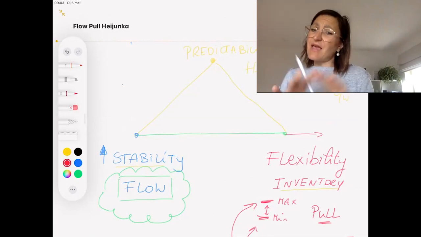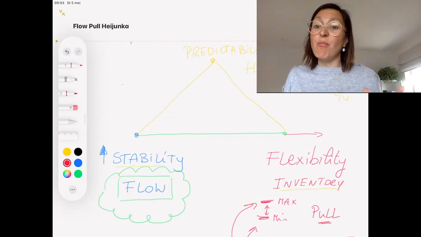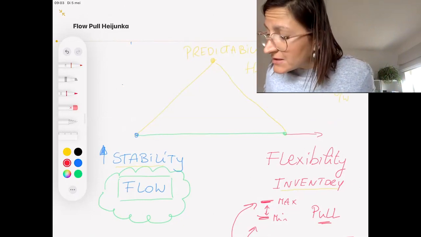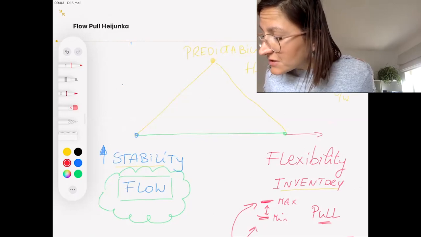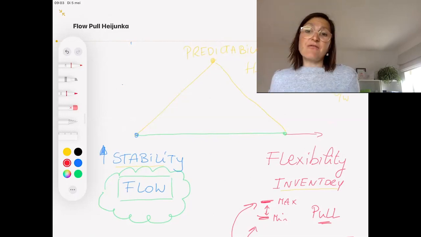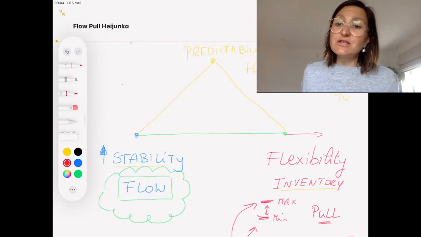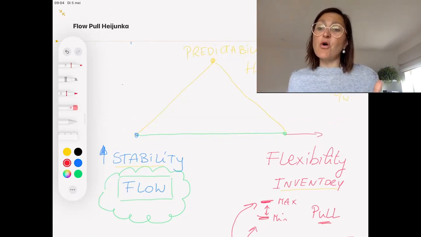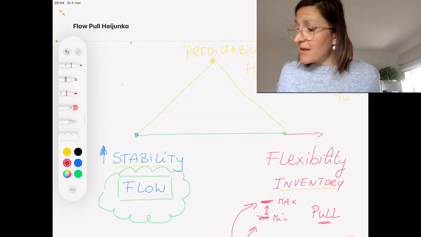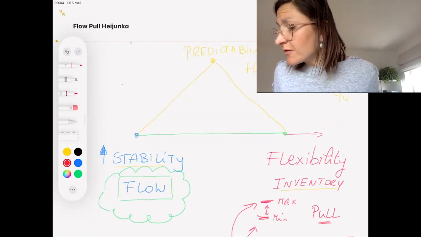I take on average, I look at how many machines more or less during a period, and then I fix an average in which I'm going to run. And therefore, that might mean that you sometimes overrule your pull system, but within certain process limits.